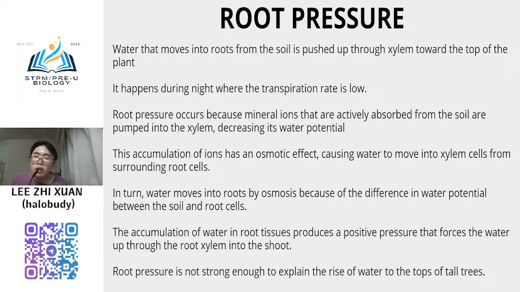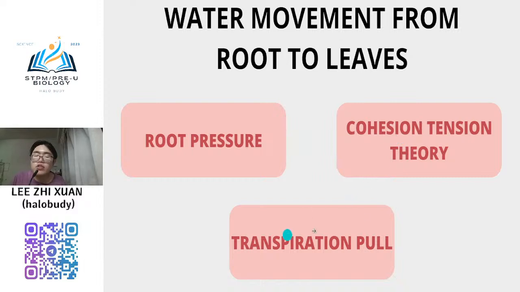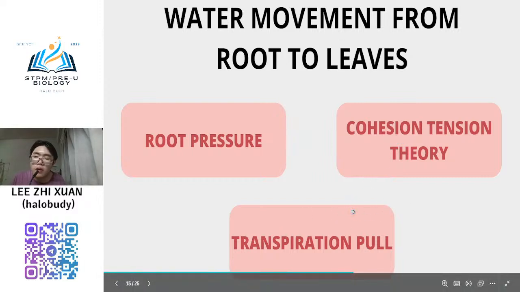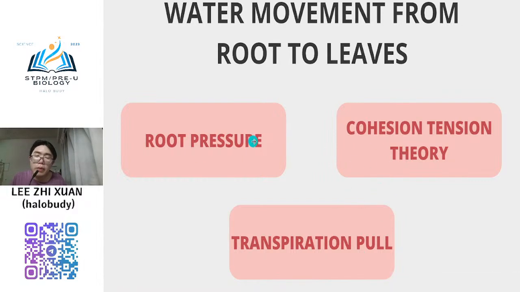The opening of the stomata, because stomata are open during sunny days only. Stomata play a role in gas exchange, and also in the transpiration process, so water molecules will also be lost through the stomata. Normally at night your stomata are closed, so your transpiration rate is very low. So when your transpiration rate is very low, the cohesion-tension theory and transpiration pull are also very low. The energy from these two is quite low compared to root pressure.